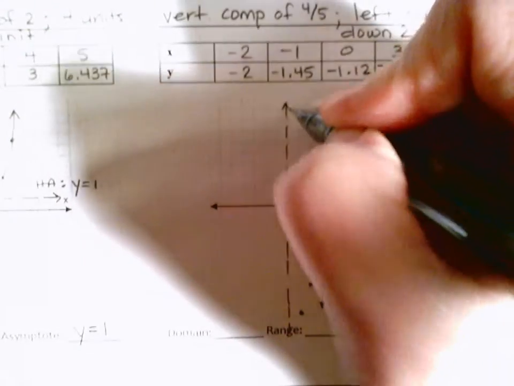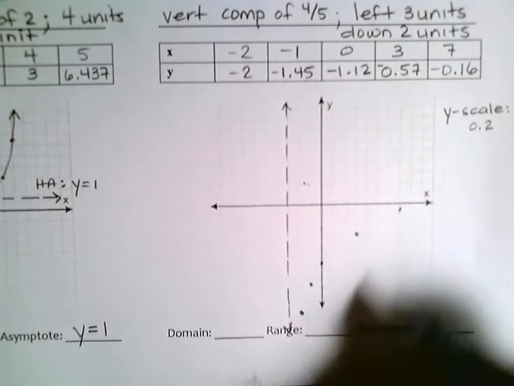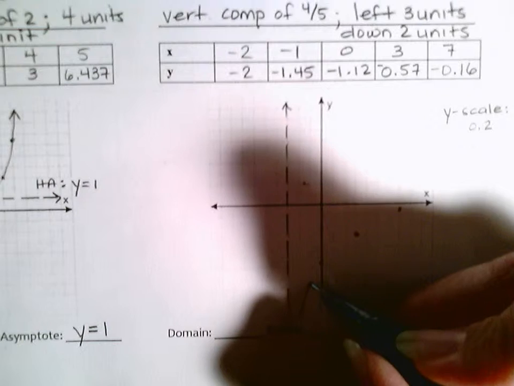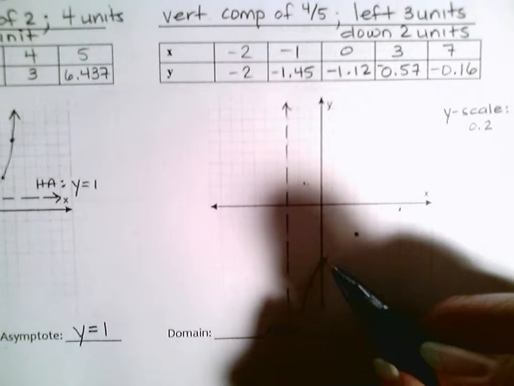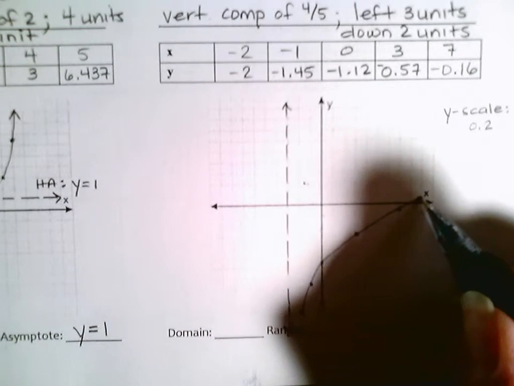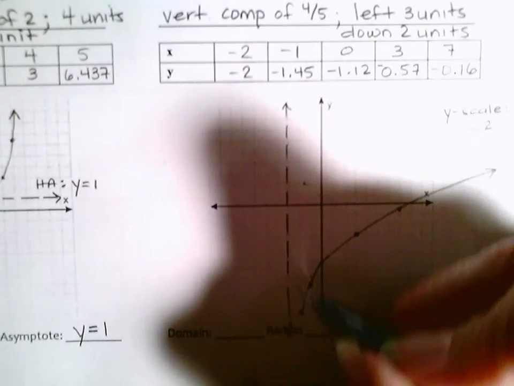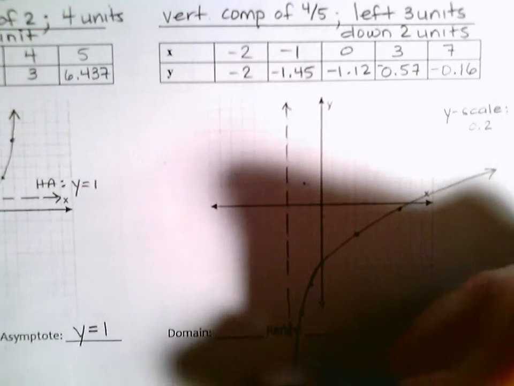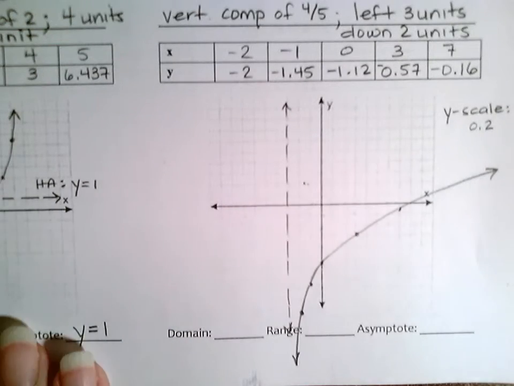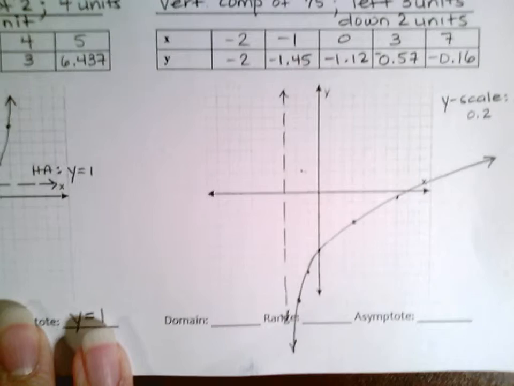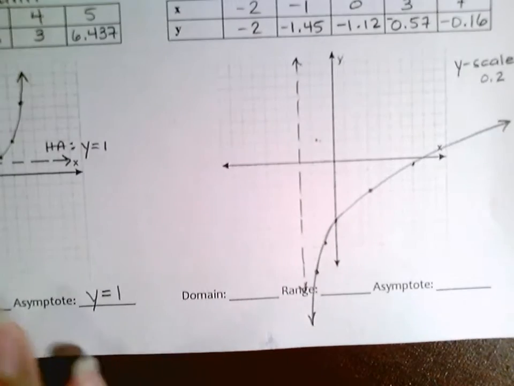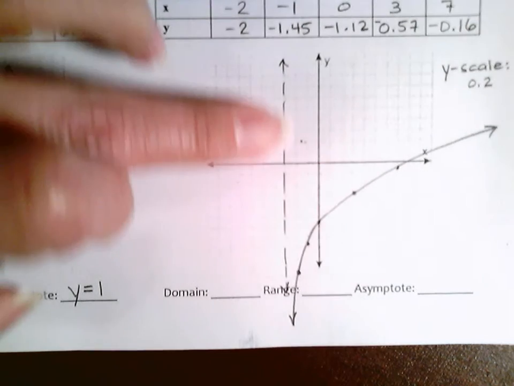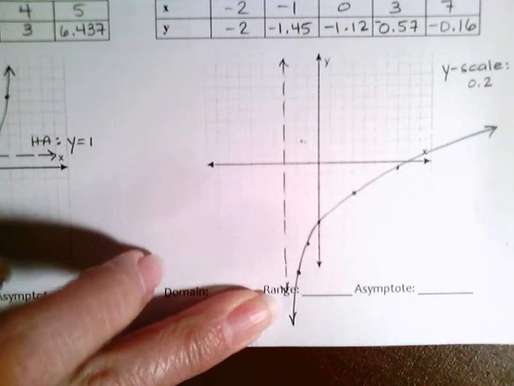And so I know that my graph, when I finish connecting it, is going to get awfully close to the asymptote. Okay. Let me shift my graph a little bit down so you can see what happened. Okay. So notice how it gets really, really, really close to the asymptote but doesn't touch.